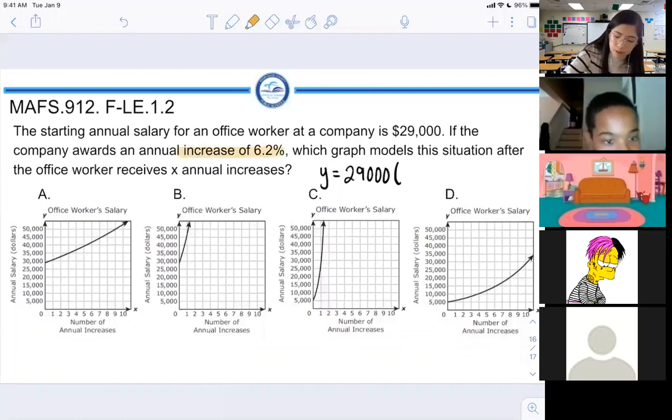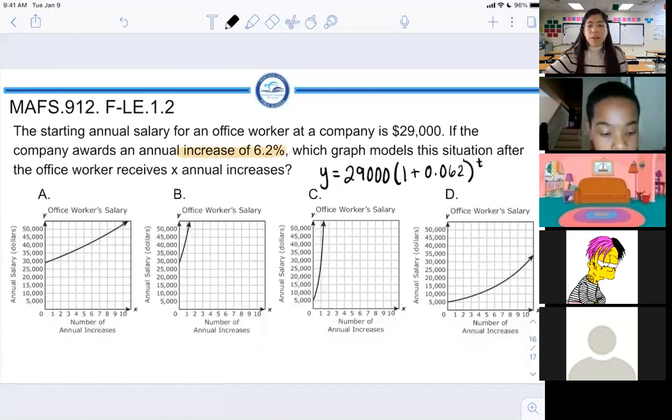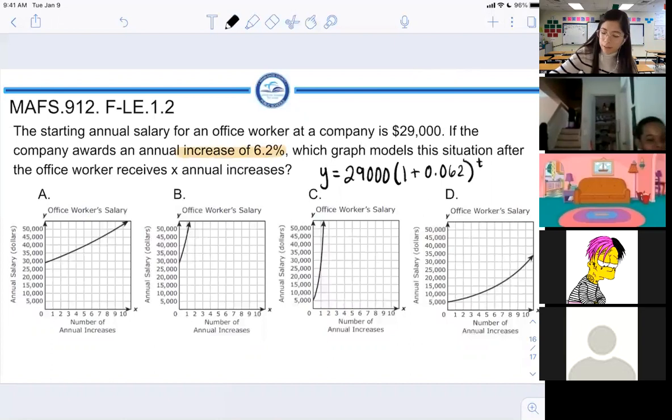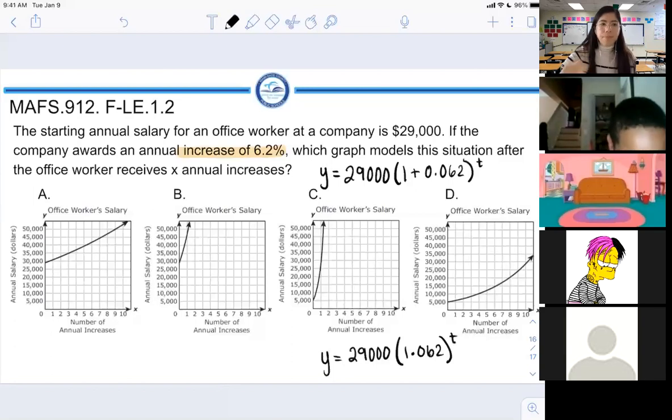Growth. So it's going to be 1 plus something. What am I adding? Good, Janelli. 0.062 to the power of t. Now, when I actually simplify that and add, my final answer would be y equals 29,000 times 1.062 to the power of t.